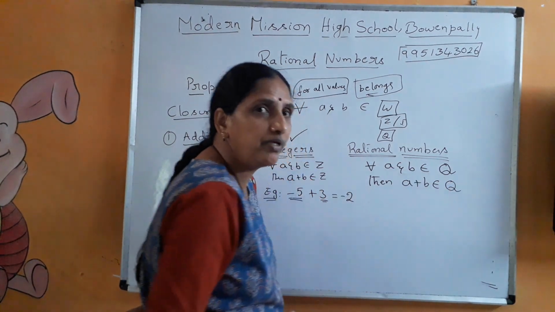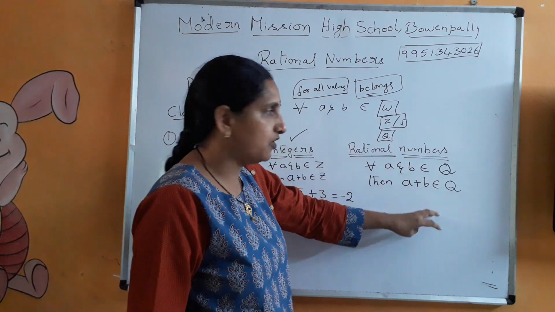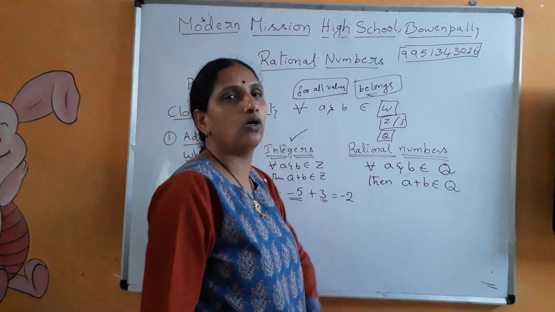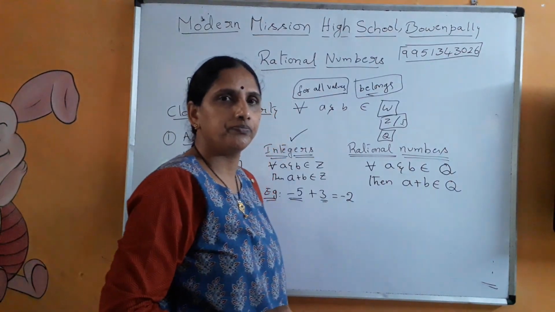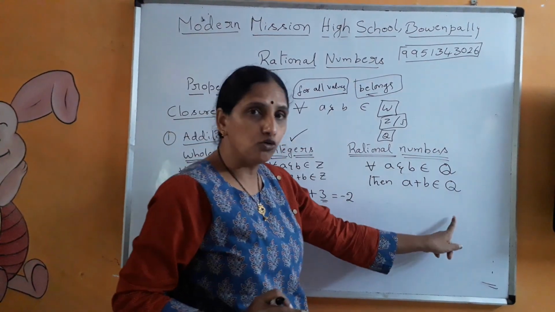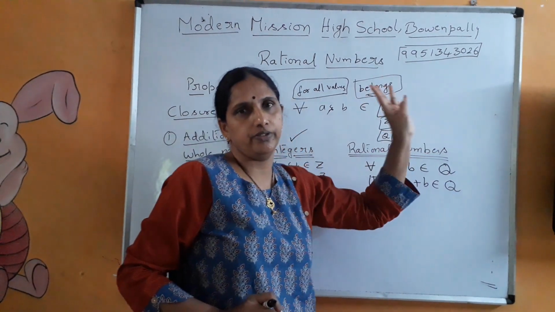Now our job is to verify whether it is true or not. If it is false, you have to say it does not obey closure property. Or if it is true, then yes, it obeys closure property.